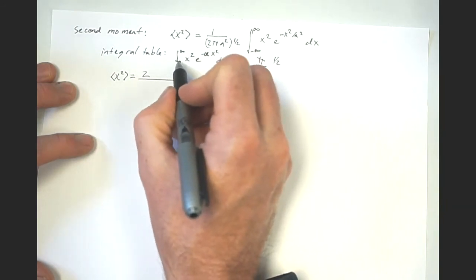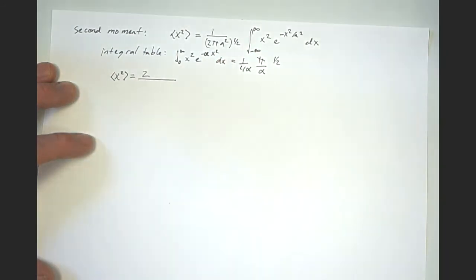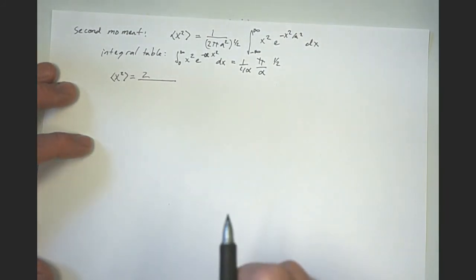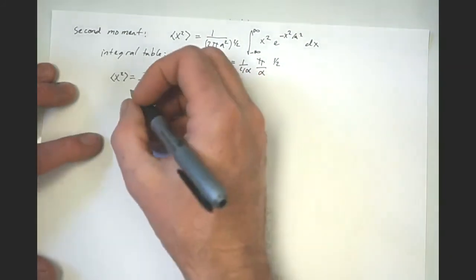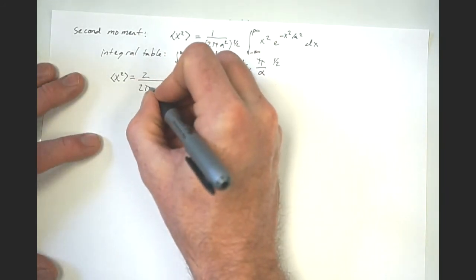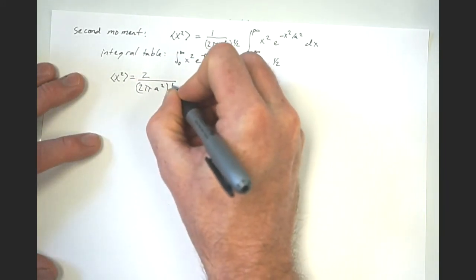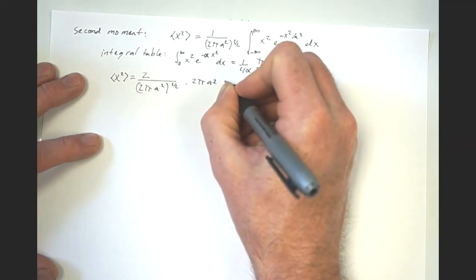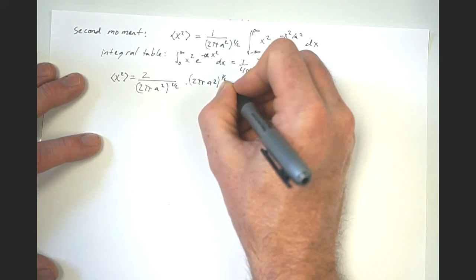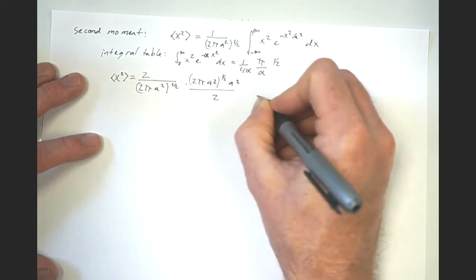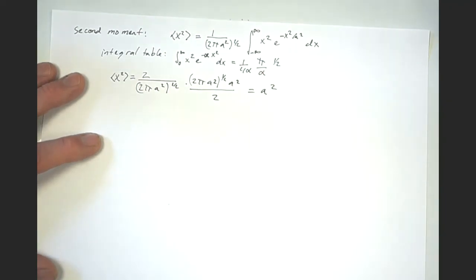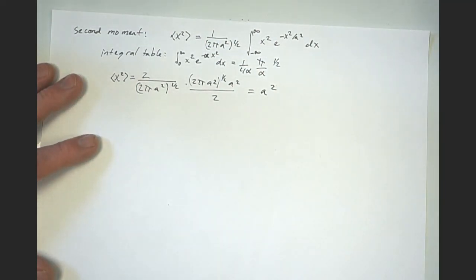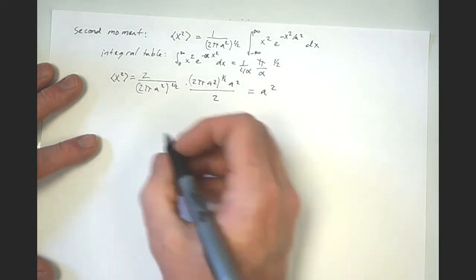This is 2 because this integral contains only the half space, whereas here we're considering all of negative infinity to infinity. This just becomes a squared. So our second moment is just a squared.